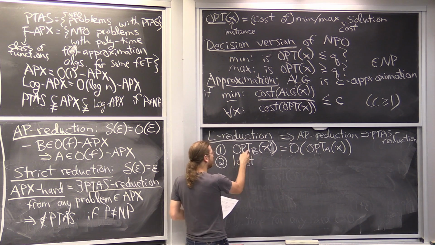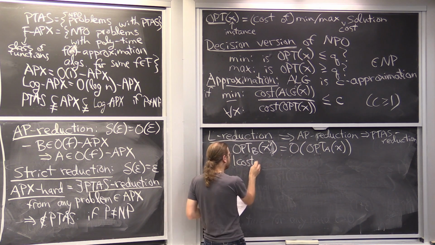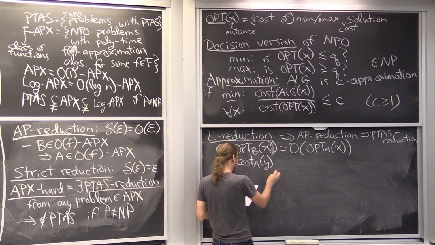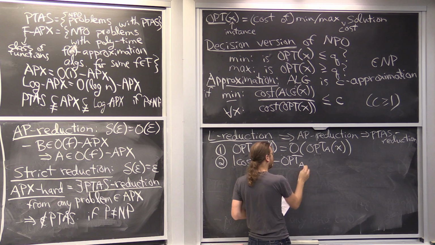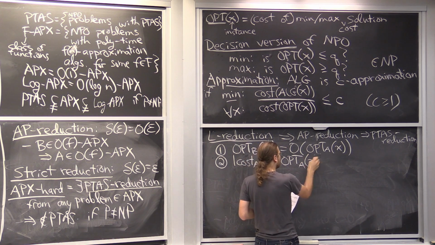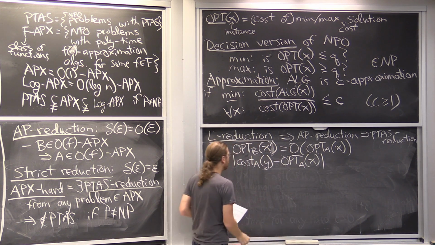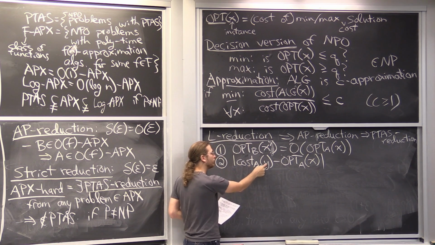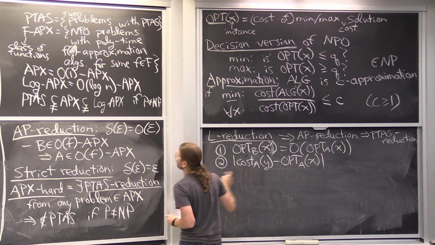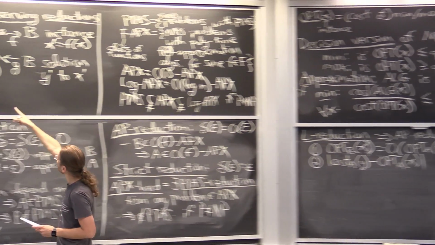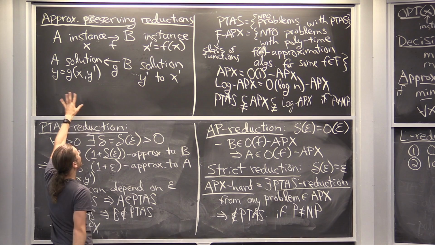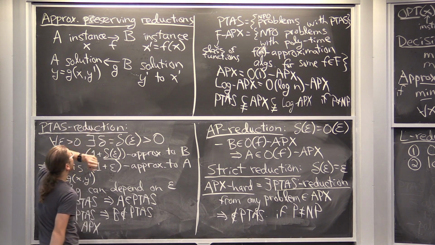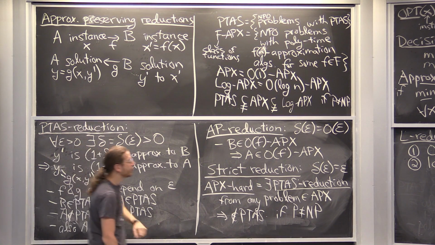Okay, second property, and we'll see why we need this in a moment, is if you look at the absolute error instead of the ratio between the computed solution y. y was the thing that we got in the lower left corner. We produced a solution y. We look at the cost that we get out of y as a solution.